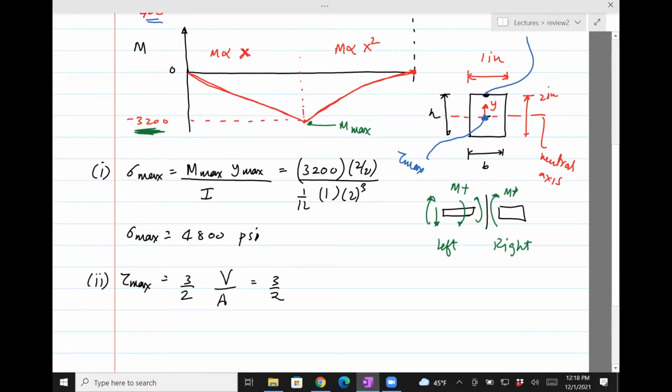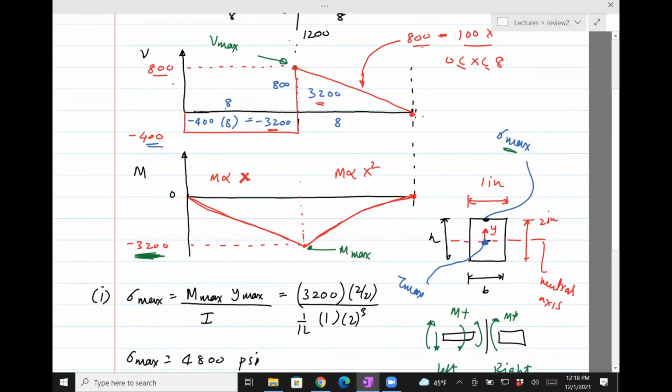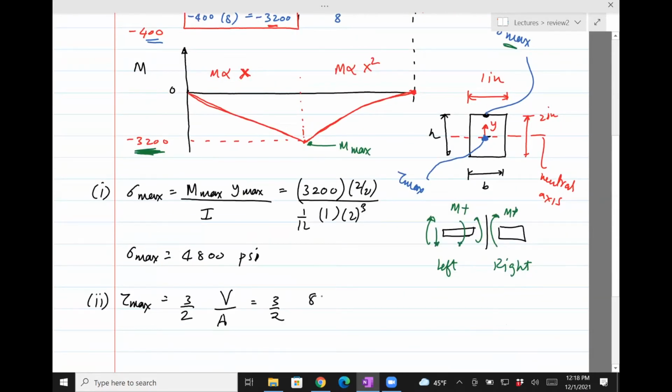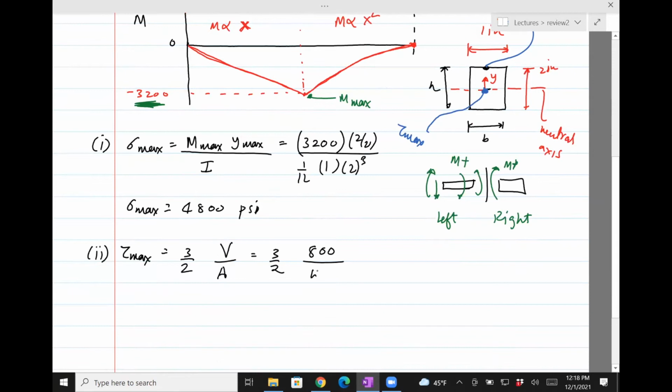The shear force, which is the maximum shear force, is 800. The cross-sectional area is B times H, right? So B is 1, H is 2, and this comes out to be 600 psi.